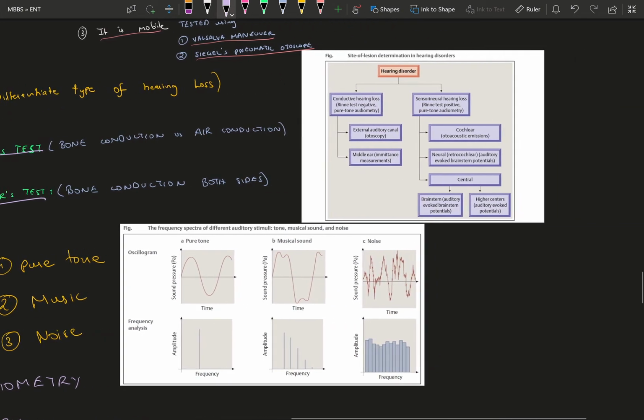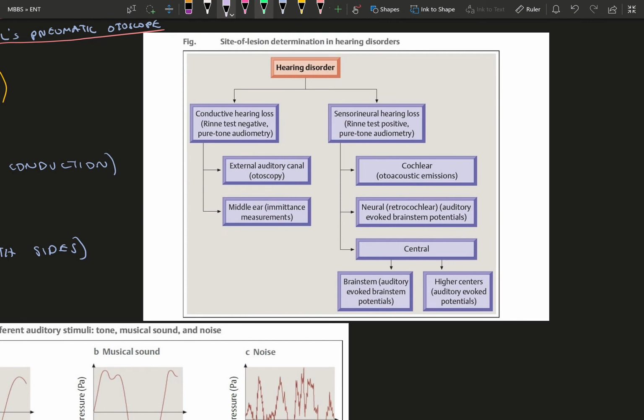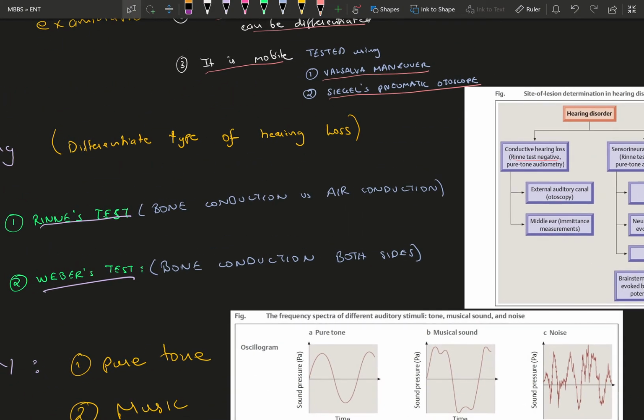So how this is important is any hearing disorder is split into conductive and sensorineural hearing loss. So conductive hearing loss is going to have negative Rinne's test, which means that the bone conduction is going to be better than air conduction.